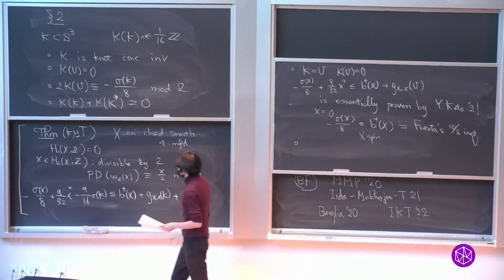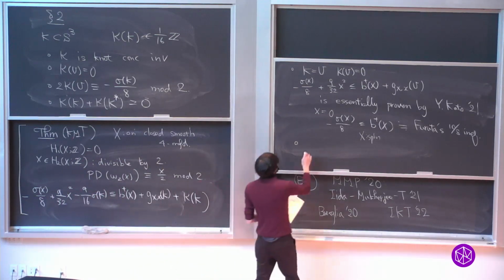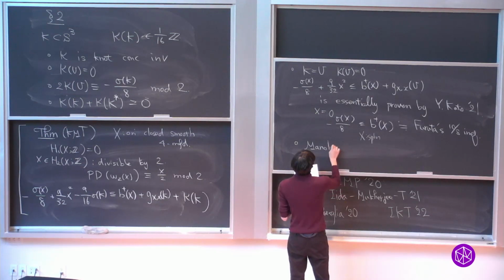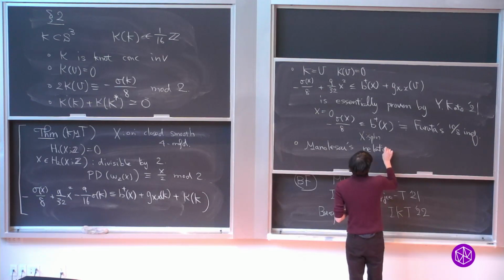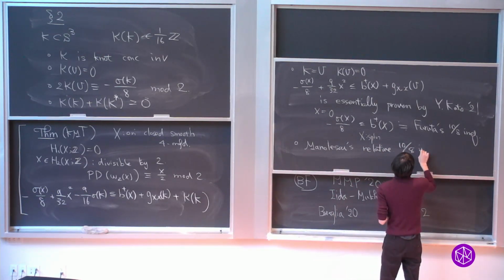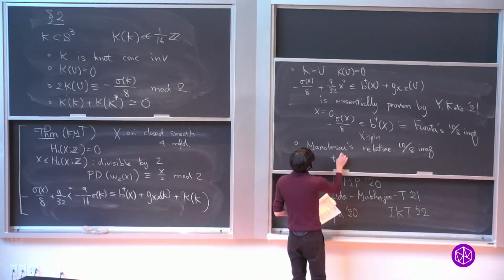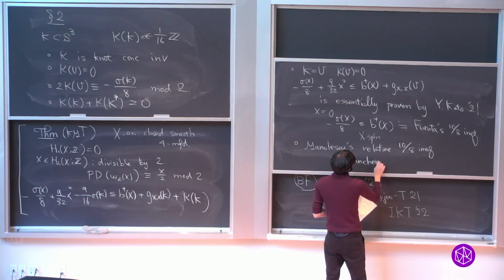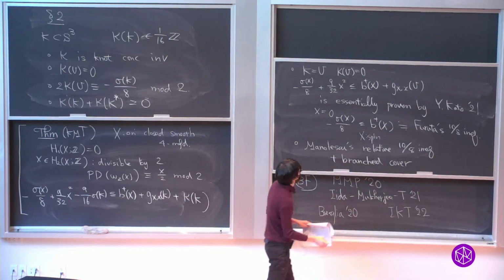Our construction is based on the double branched cover construction, and I think you can also imagine what Manolescu's 10/8 inequality gives. By just combining Manolescu's relative 10/8 inequality plus the double branched cover construction, we get a similar inequality.